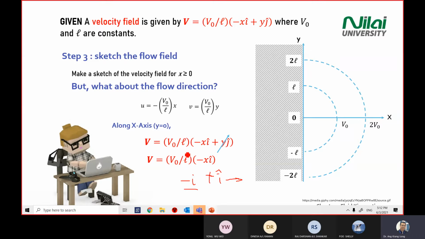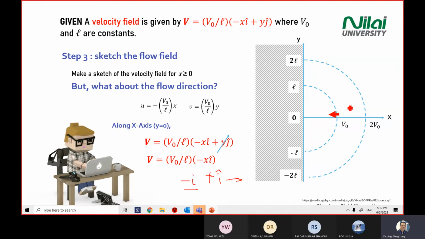Because we already defined all the direction to the right along the x-axis as positive. So when you have a negative sign vector, we can straight away draw the arrow of the magnitude here. Okay, the magnitude, draw the arrow going to the origin.